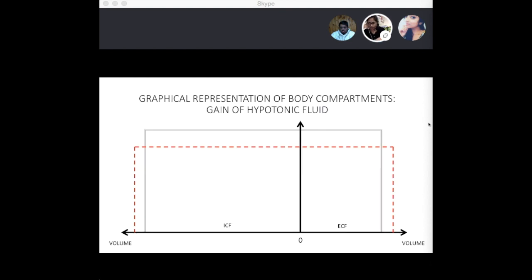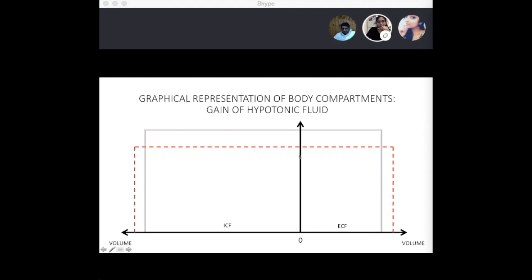Cool. And there really isn't a pathology that I came up with in the gain of hypertonic fluid. In this next plot, this is going to be gain of hypotonic fluid. And so here we have this patient with increased extracellular and increased intracellular volume space, and there's a decrease in the osmolality.